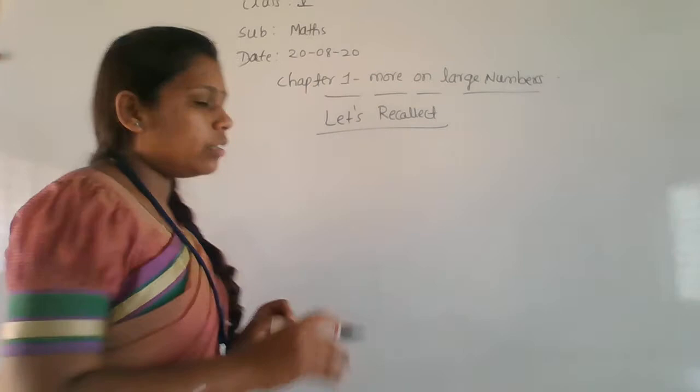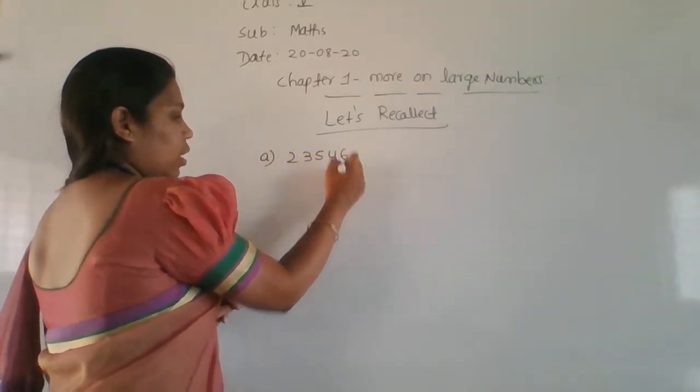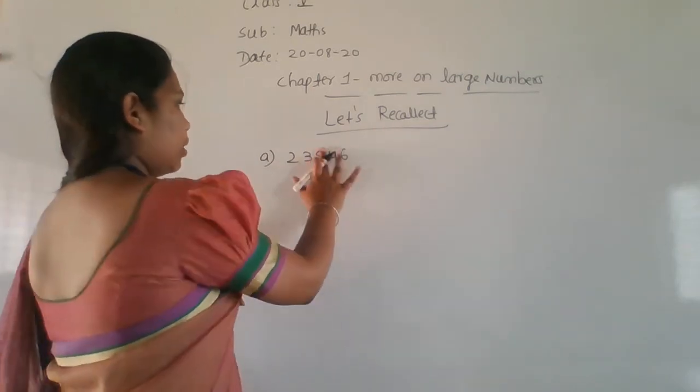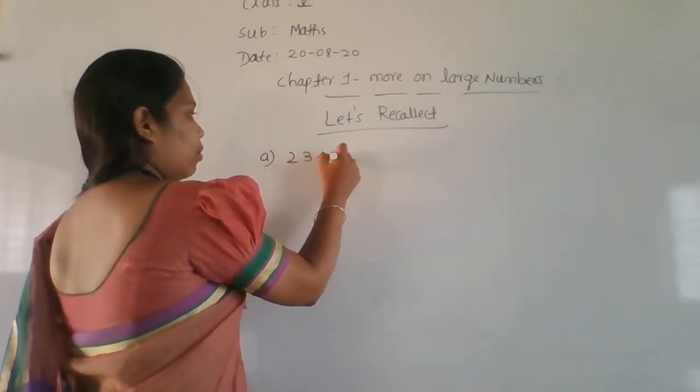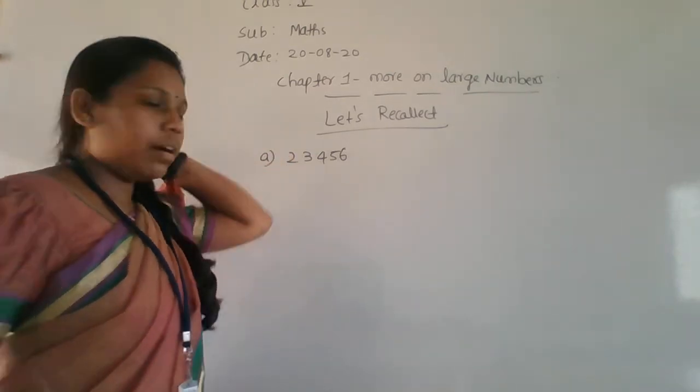So the first one, that is 23,456. How to write this number name here?